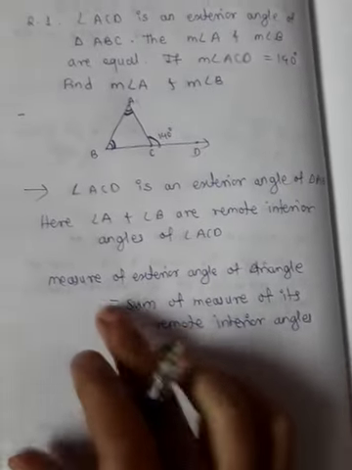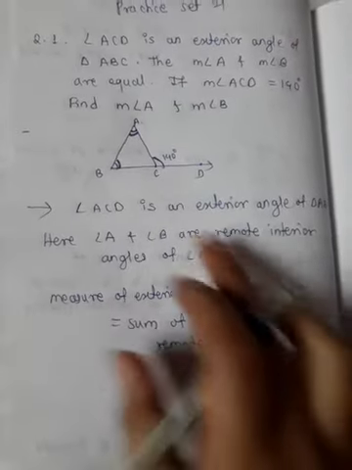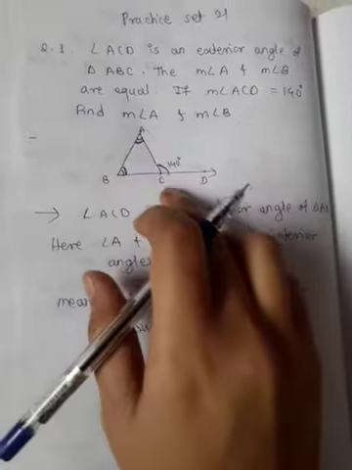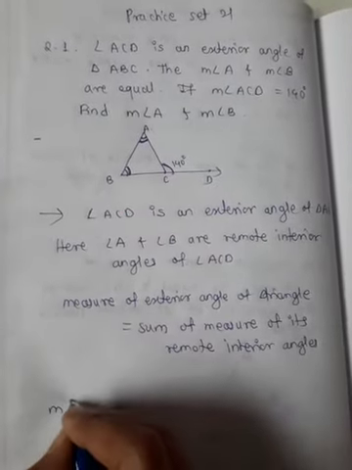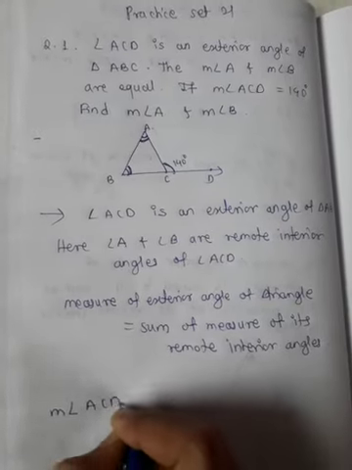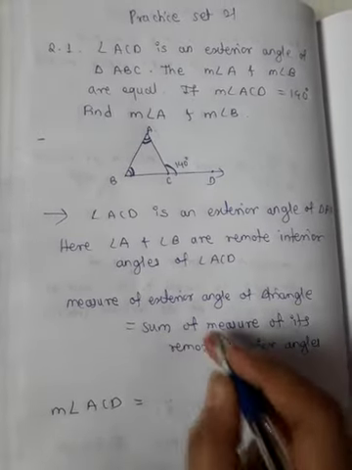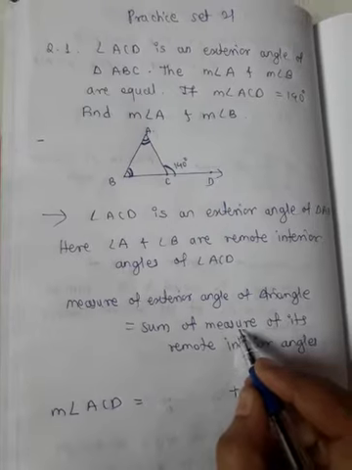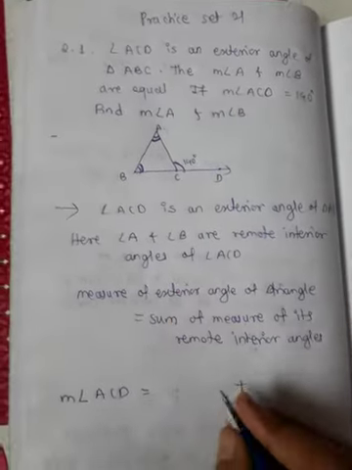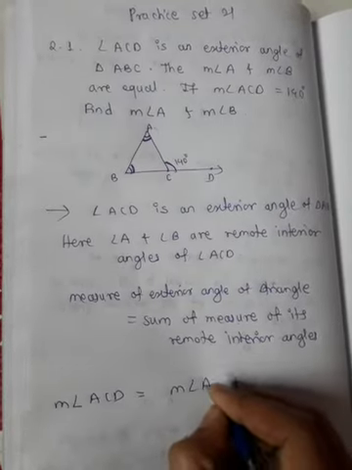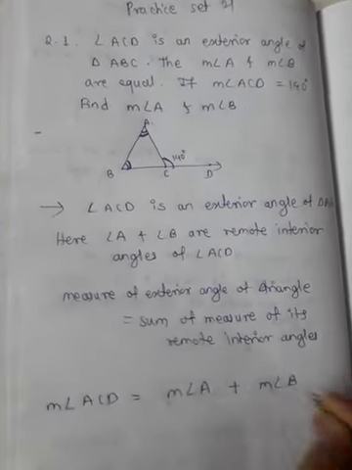So here the exterior angle of the triangle is ACD. So the measure of angle ACD is equal to the sum of the measures of its remote interior angles. Here angle A and angle B are remote interior, so the sum of measure of angle A and measure of angle B.